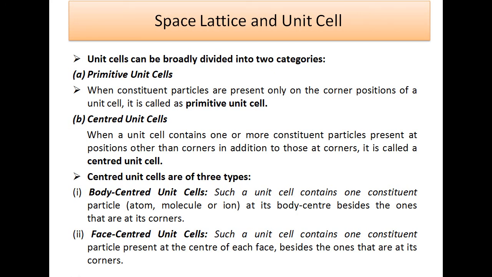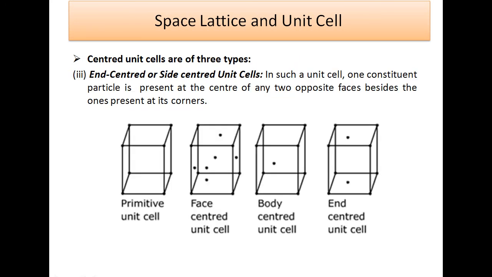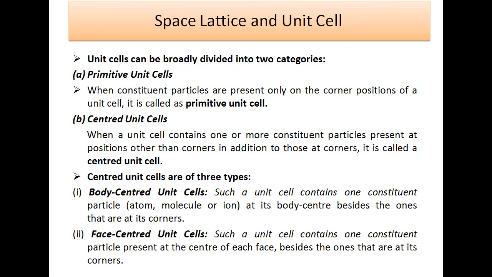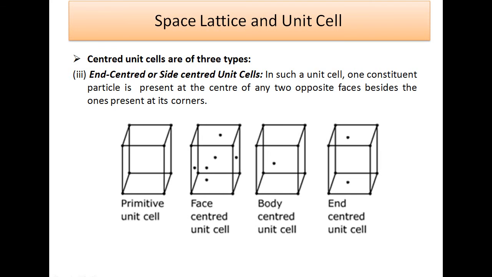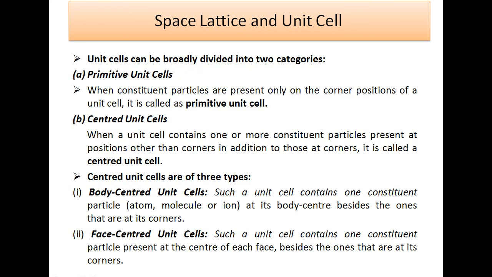Now the centered unit cells are of 3 types: body-centered unit cells, face-centered unit cells, and end-centered or side-centered unit cells. As the name indicates, the first one is the body-centered unit cell.